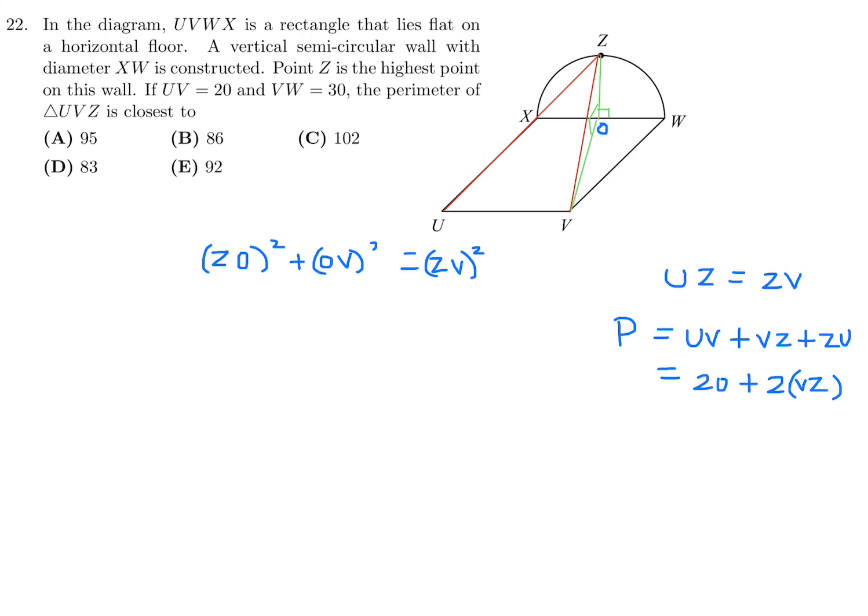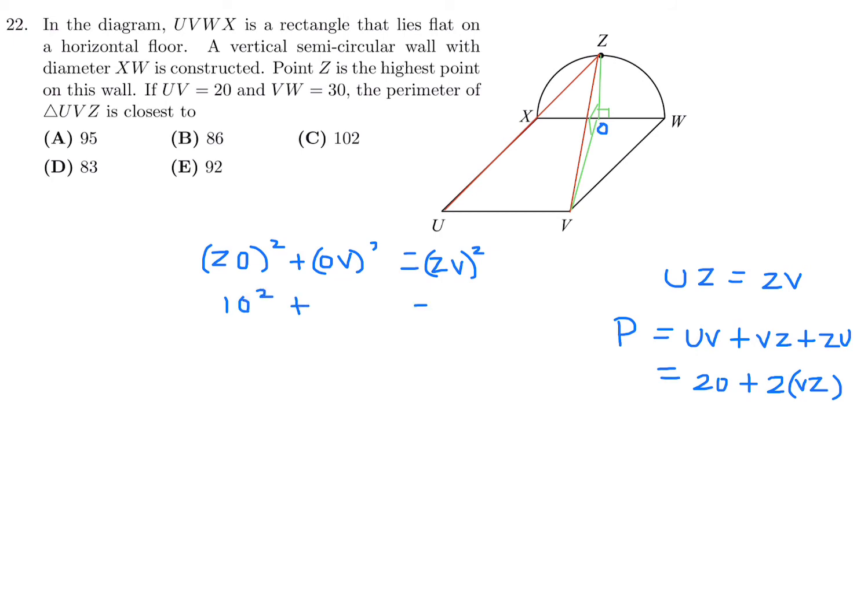Now, ZO is the radius of that semicircle. And since the diameter is 20, right, because that's a rectangle, so UV is the same as XW, so that's 20. Diameter is 20, so the radius must be 10. So this is 10 squared.